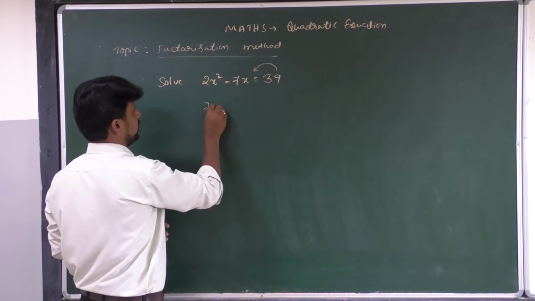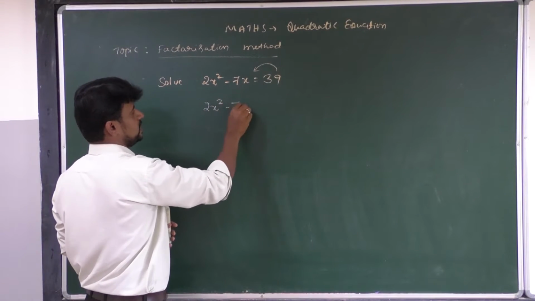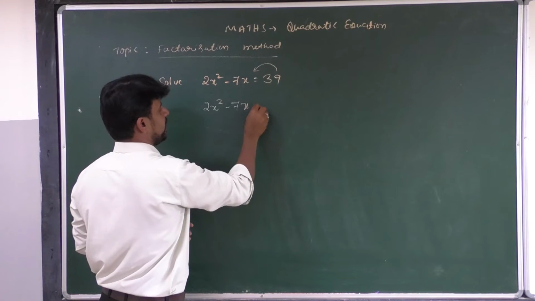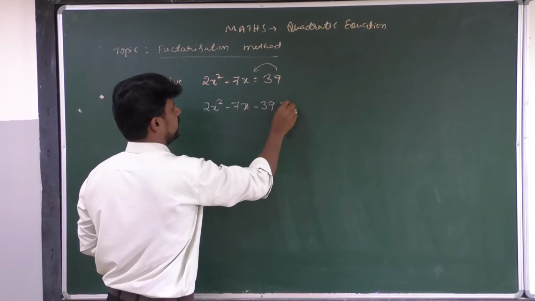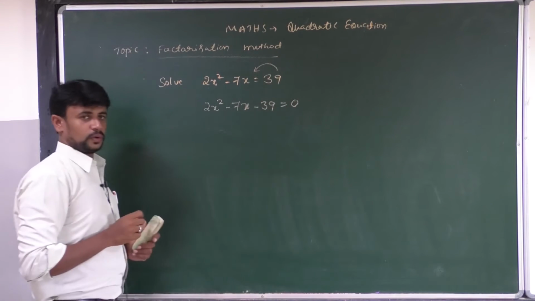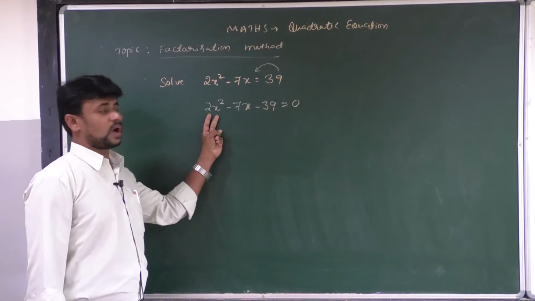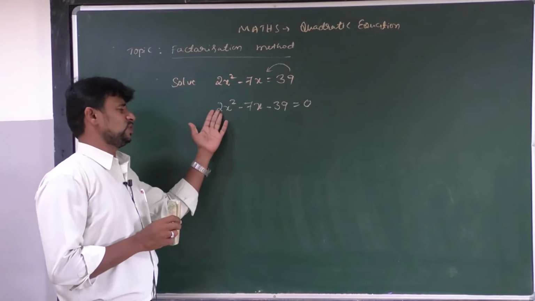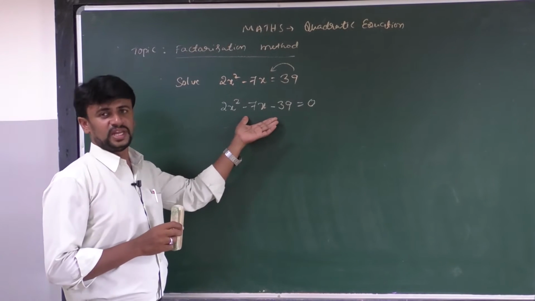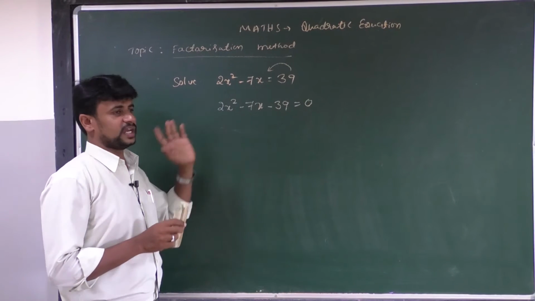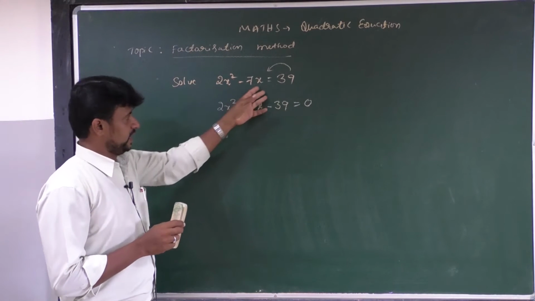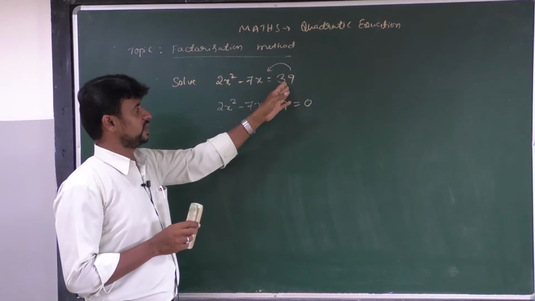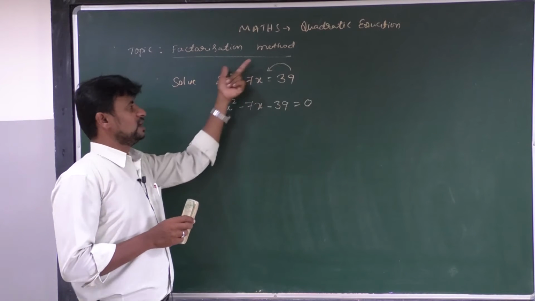Then your equation becomes 2x square minus 7x minus 39 is equal to 0. After converting to quadratic equation, then only we do factorization. In this question we don't have any brackets, and the second step we have already done by taking 39 to the left side.